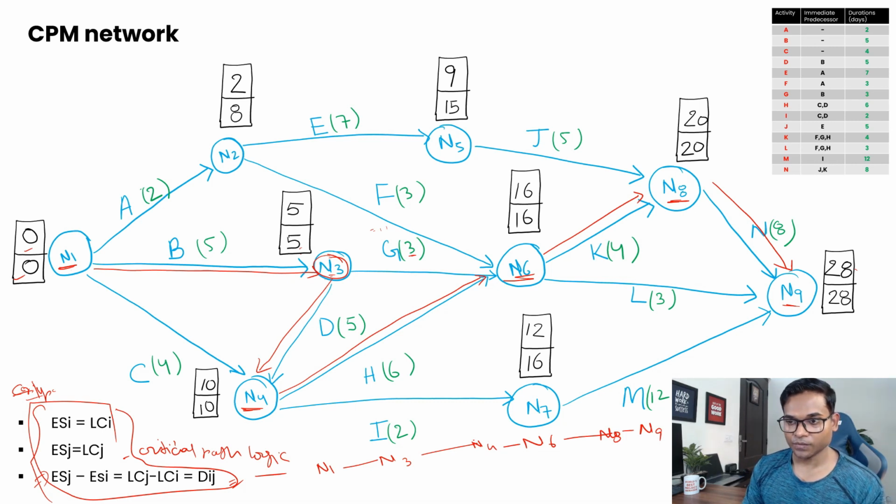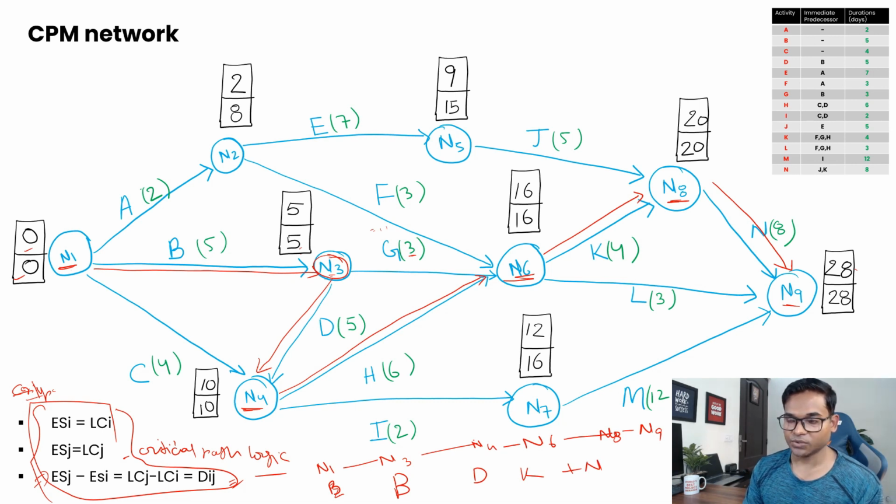So for n1 to n3 you have activity B, then n3 to n4 is activity D, and from n4 to n6 that's taken H, and then from n6 to n8 this is your K, and then you have n8 to n9, that is your N, right?